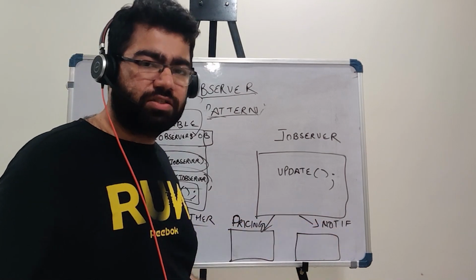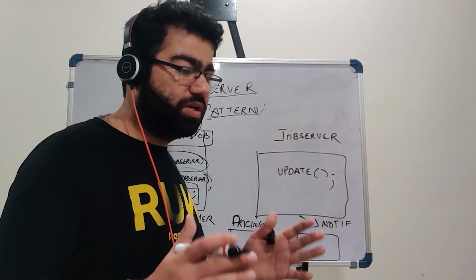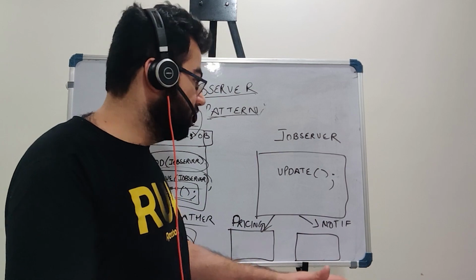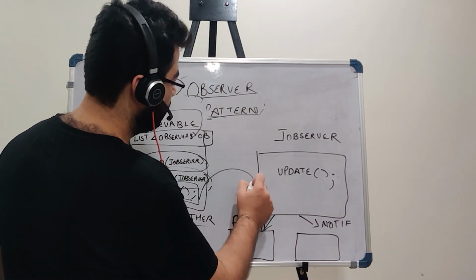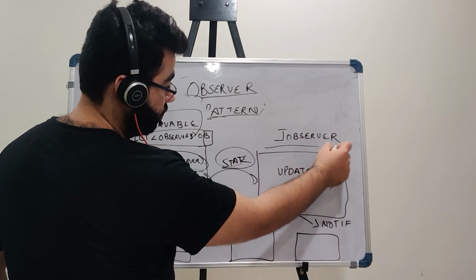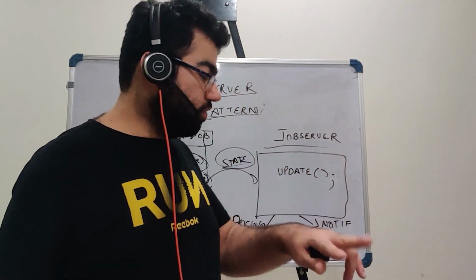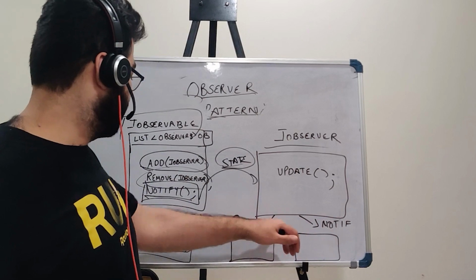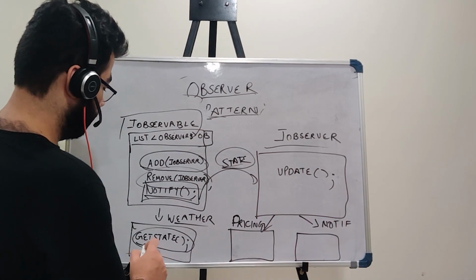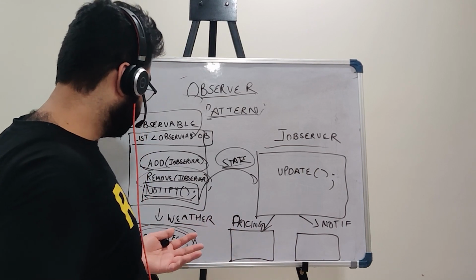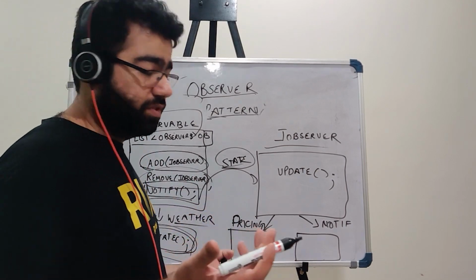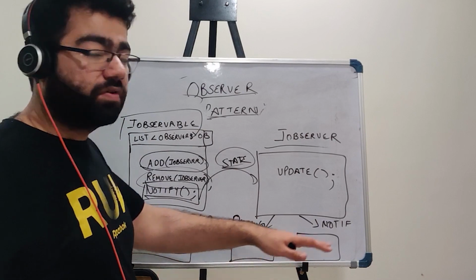Now these two classes would need some information about what the current state of the weather system is. So one way would be that in this notify itself, we send the state directly to the IObserver, or the second way could be that these classes would then call this getState function of the weather class to know what the state of this particular system is that we are observing.